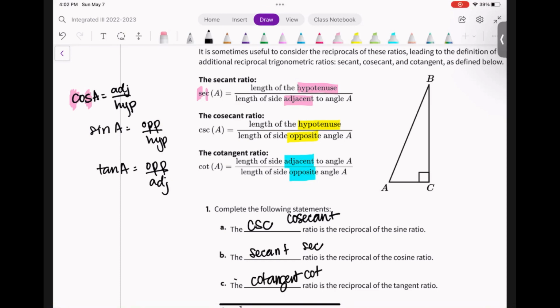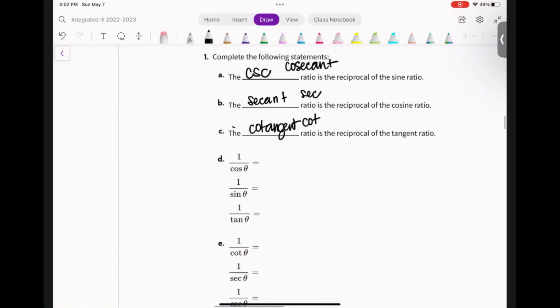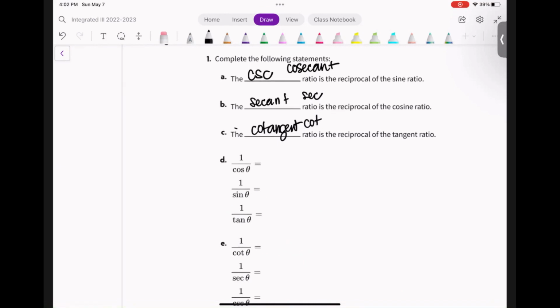Cotangent is the reciprocal of tangent. So here I will write 1 over cosine is secant of theta. This is cosecant theta, and this is cotangent theta. I just need you to remember that these are related.